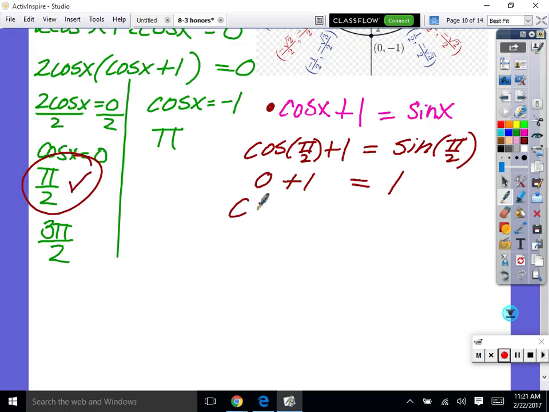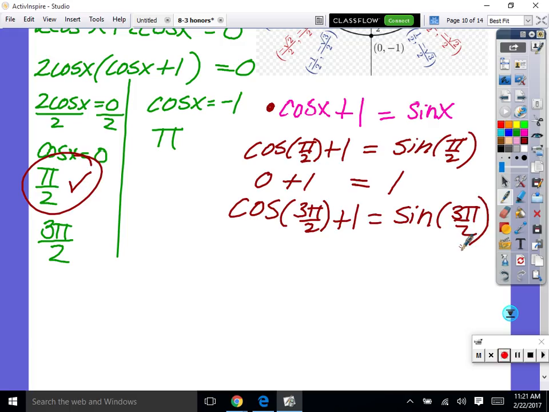Let's check this one. Cosine of 3 pi halves plus 1. Does that equal the sine of 3 pi halves? So what's cosine of 3 pi halves? 0 plus 1 equals the sine of 3 pi halves, which is -1. 1 does not equal -1.